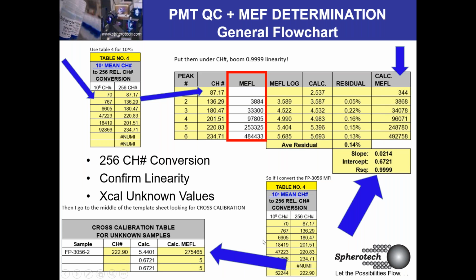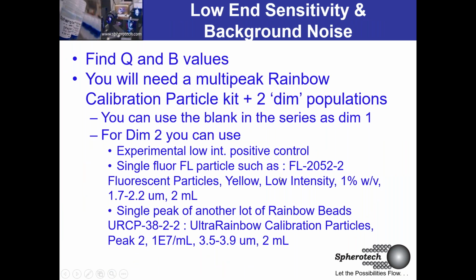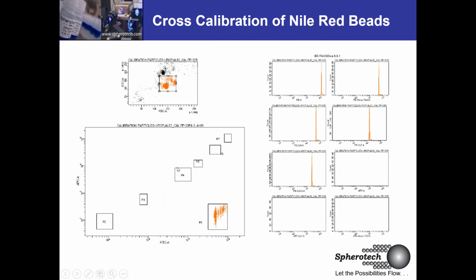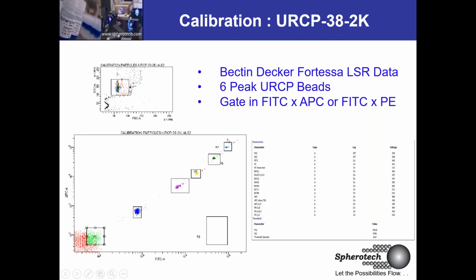It's very, very similar. And then likewise, kind of as one of my last points, we've done alignment, done some calibration. Sure, we're going to do questions, but low-end sensitivity, right, and background noise. We want to find these values, as opposed to before where we had this linearity of multiple brightnesses and these very, very bright values.